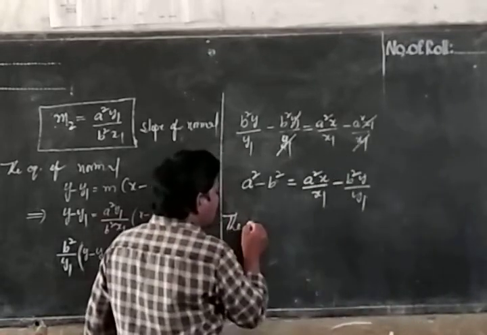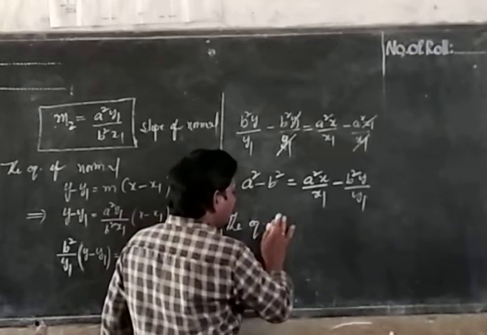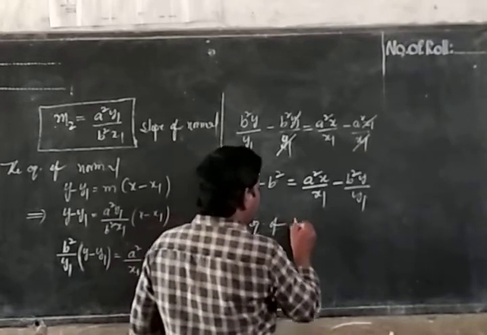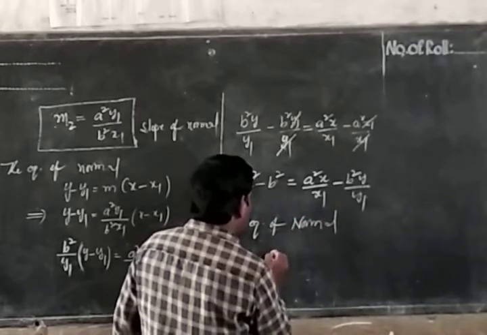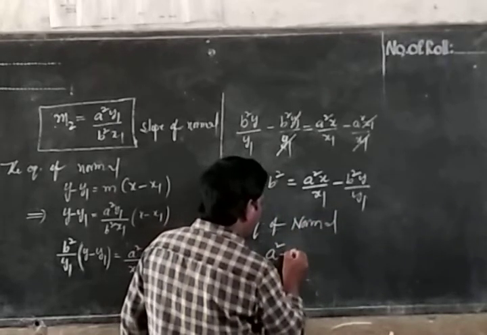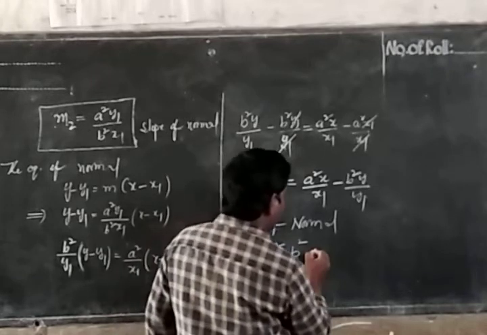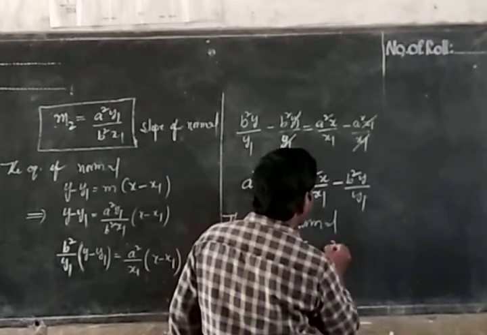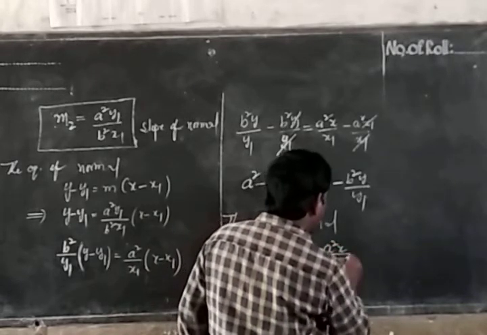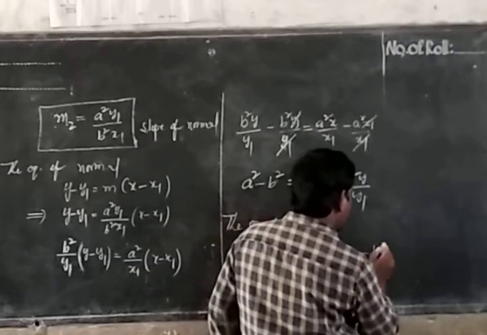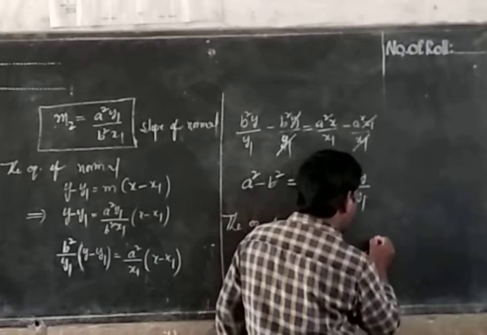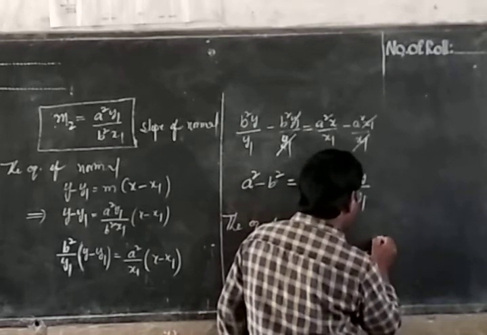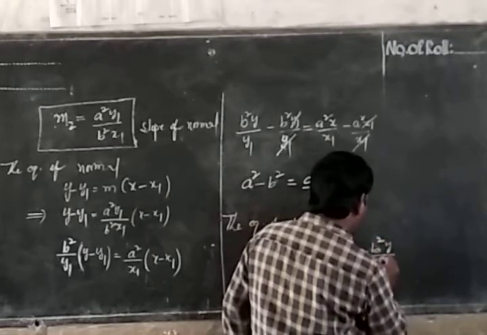So the equation of the normal is a square minus b square equal to a square x by x1 minus b square y by y1.